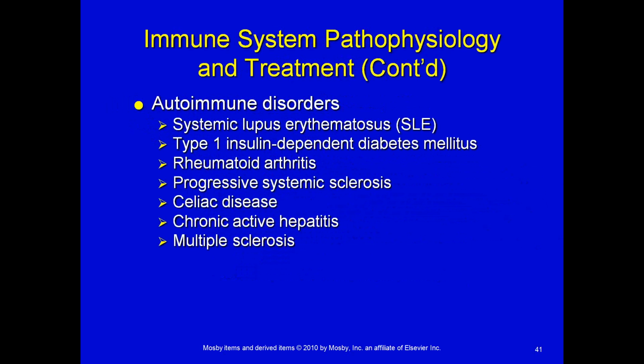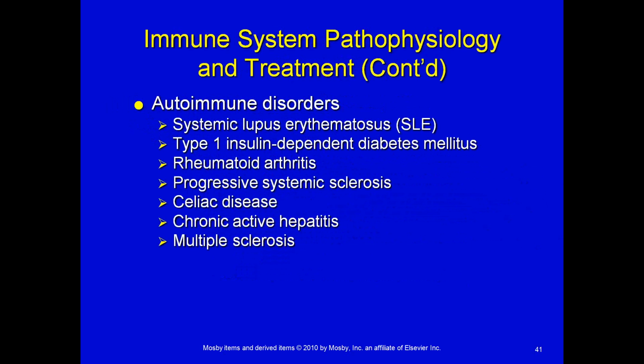They're not sure why, in the type 1 diabetic patient who has a destruction of the beta cells in the pancreas, the beta cells of the pancreas are destroyed by the body, which causes type 1 diabetes. So diabetes is an autoimmune disorder.